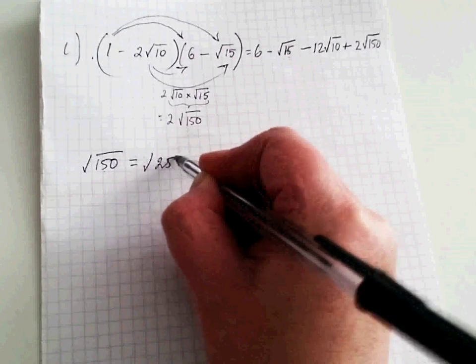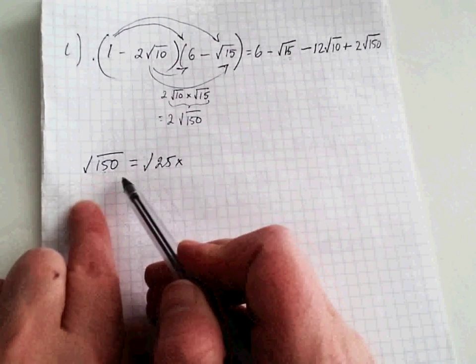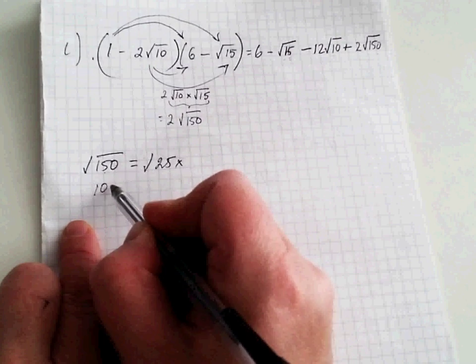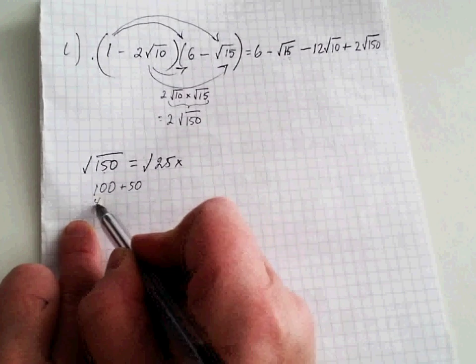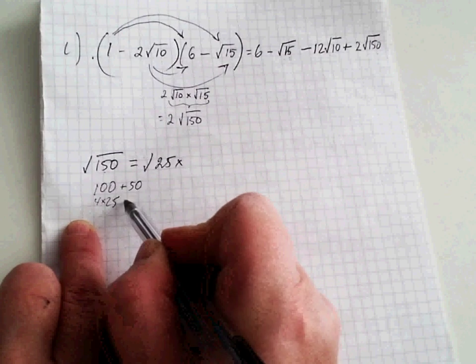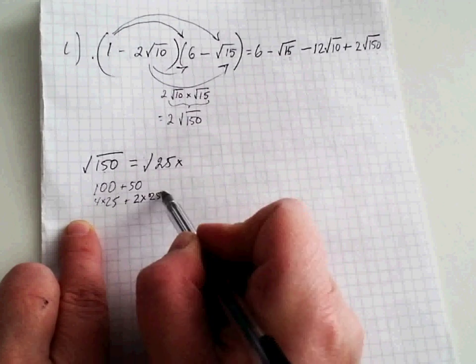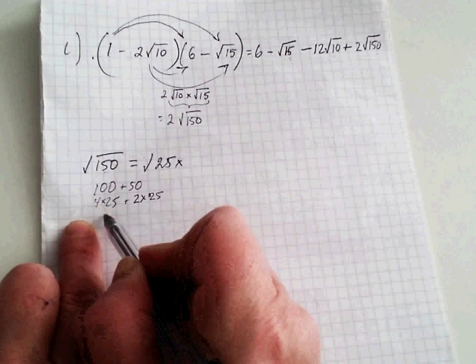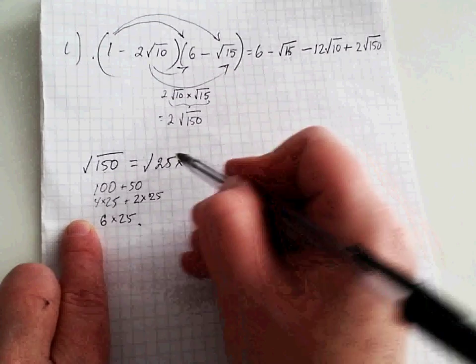How many 25s will go into 150? There are 4 25s in 100, and there are 2 25s in 50. So altogether I have 6 25s.